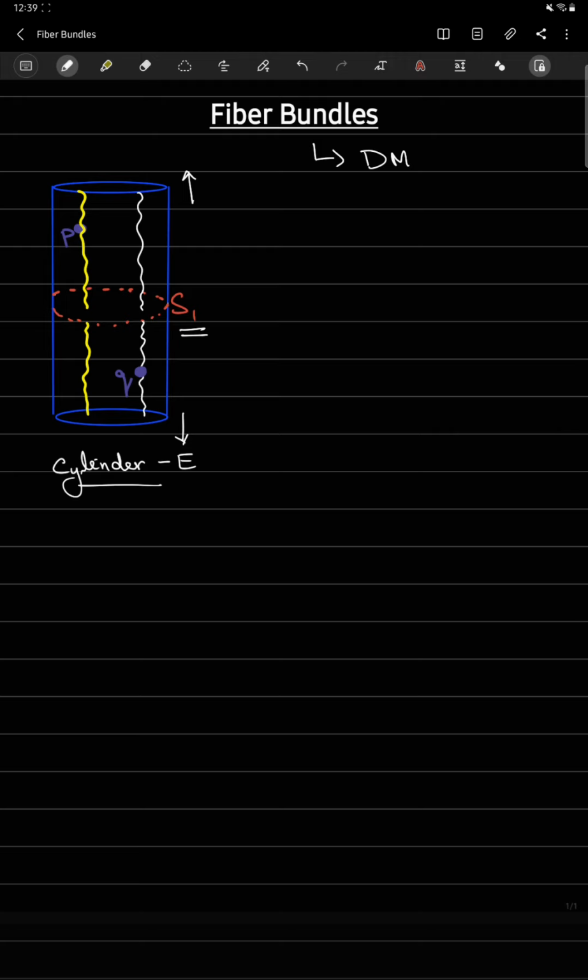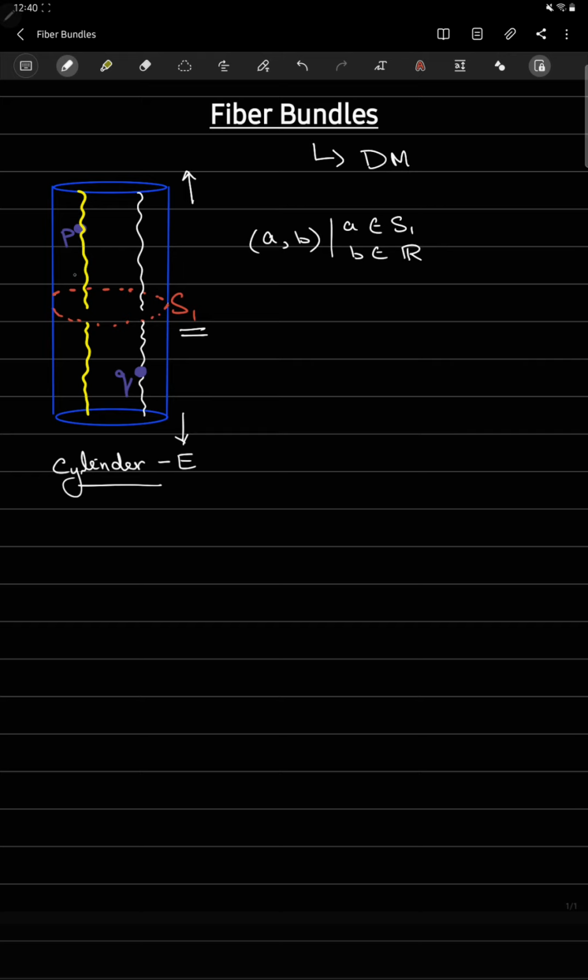Right? And on the cylinder, every point on this cylinder, let's take an ordered pair A and B. So A and B are two points such that A belongs to S1 and B belongs to the real line.